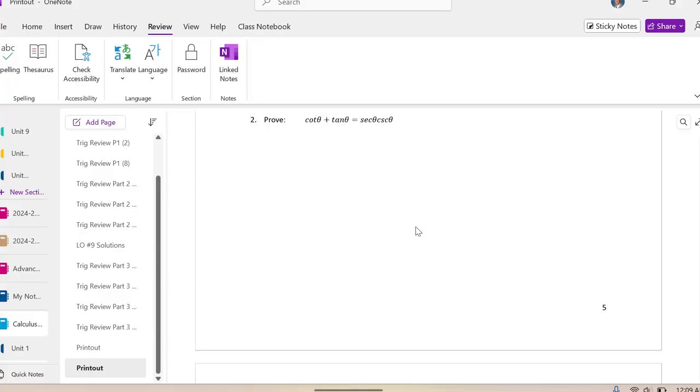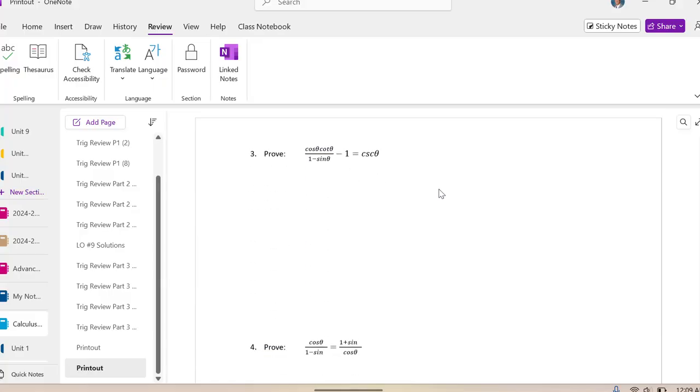All right, number 2, for some reason, it's the same thing. Number 3, it'll be easier to work with the left. So we'll say cosine theta cotangent theta over 1 minus sine theta minus 1 equals, well, when you multiply, let's simplify this part first.